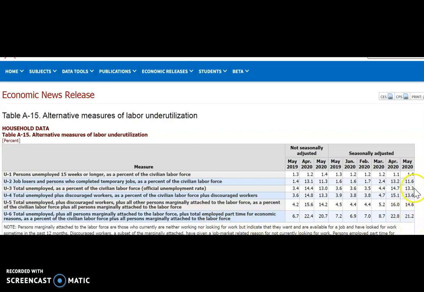What we are using is 13.3%, which is U3. This is what we are using. But you can take a look at all of these different rates. Just type alternative measures of labor utilization. You should be able to find all these unemployment rates.